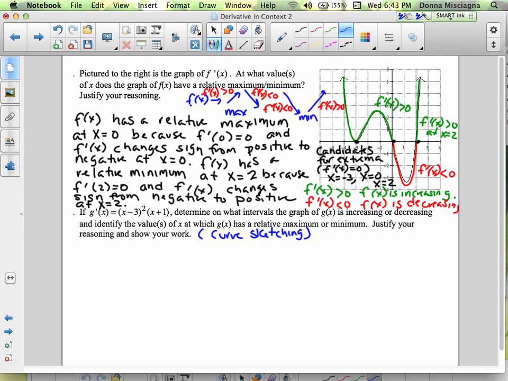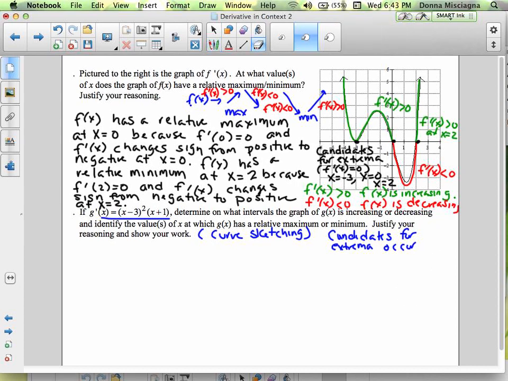We've already got the derivative, so most of the work's been taken care of for us, so it won't be too difficult. So we have the derivative here. Our candidates for extrema occur when x equals 0.